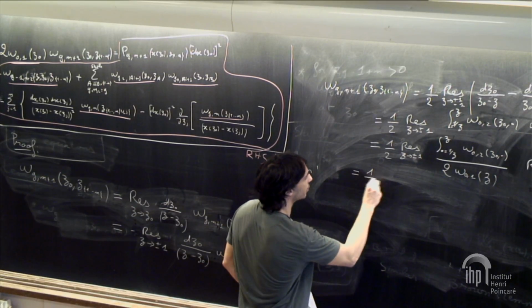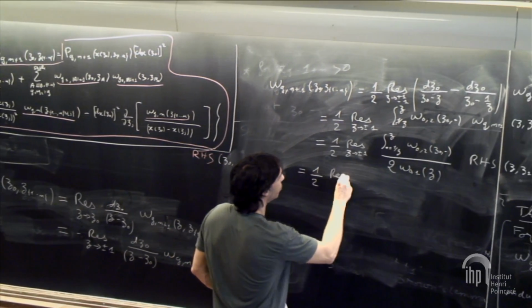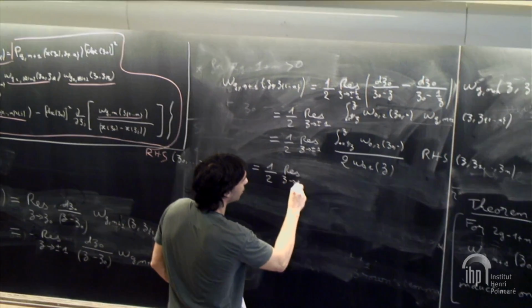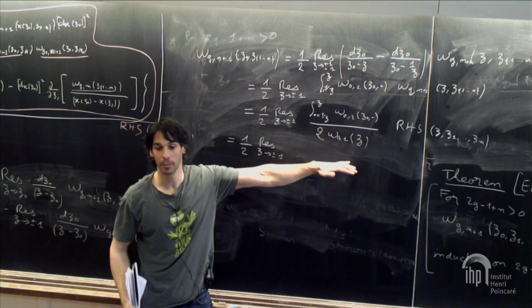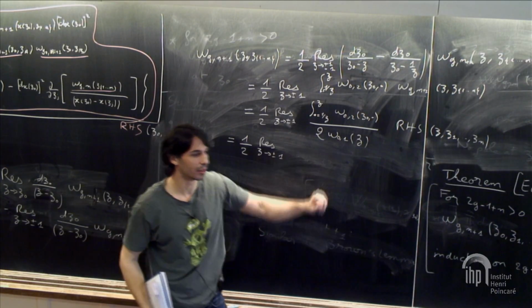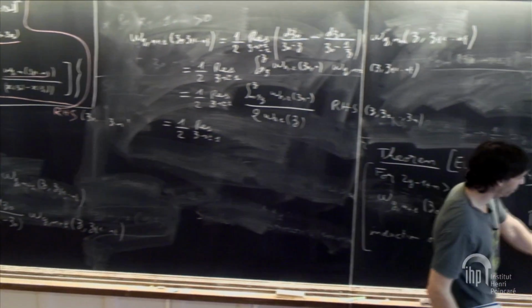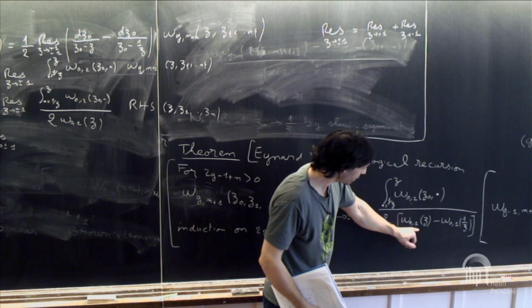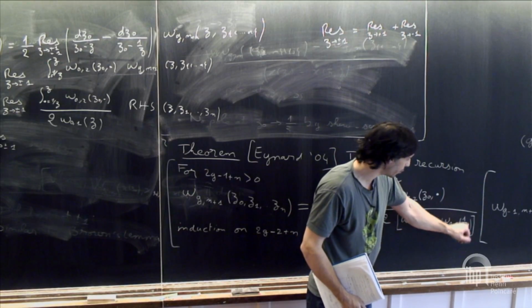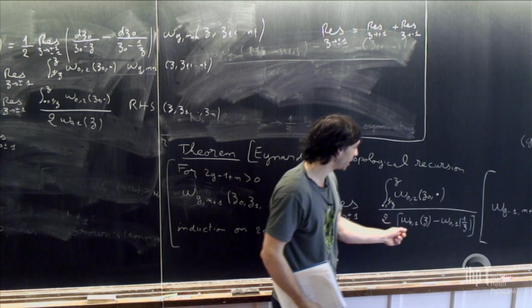So before completely finishing the proof, you remember that omega 0, 1 has this property of being skew-symmetric when you exchange z and 1 over z. So actually, even if this looks a complicated way to write it down, omega 0, 1 of z minus omega 0, 1 of 1 over z is equal to 2 times omega 0, 1 of z.